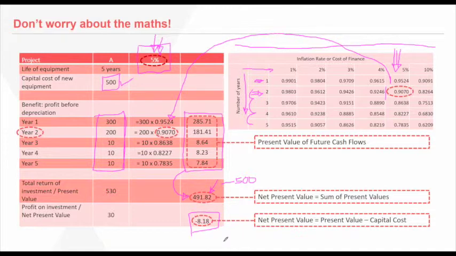Is it appropriate for the inflationary environment? Is it appropriate given my financing costs? Because you can only accept projects where the net present value is a positive number, and ideally, if you were comparing one project versus another, you would pick the project with the highest net present value. If you pick projects with a positive net present value, they add to the value of your entity as a whole.